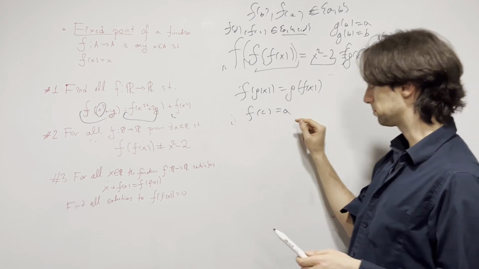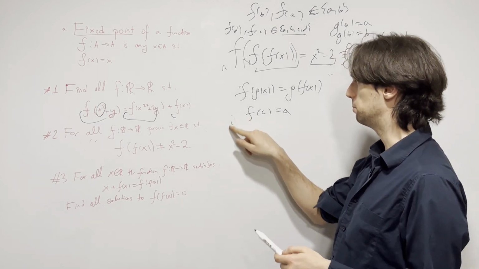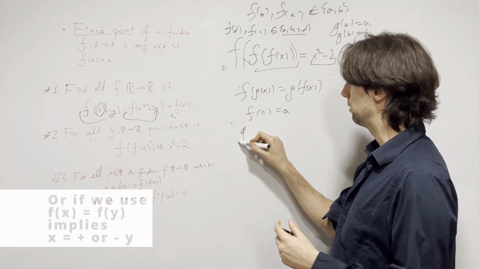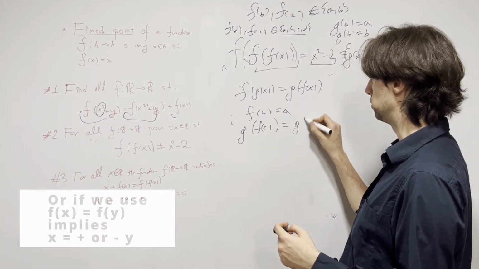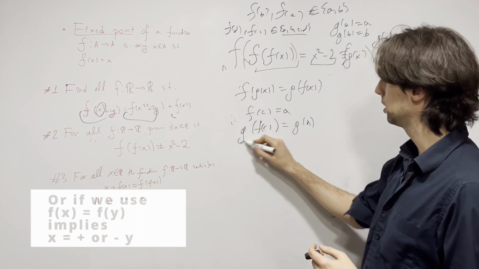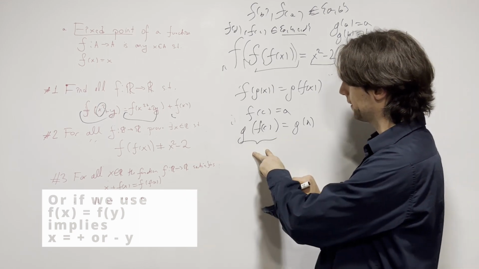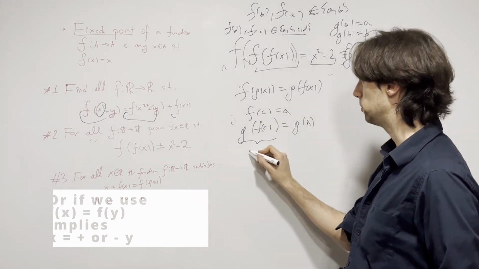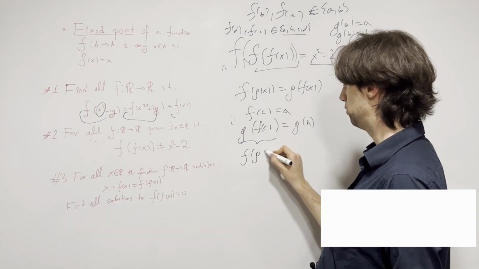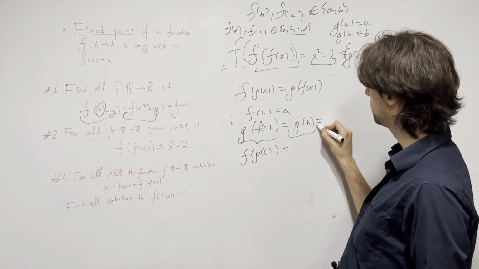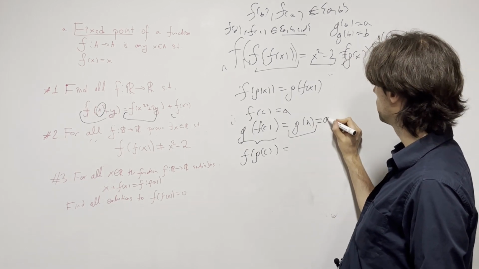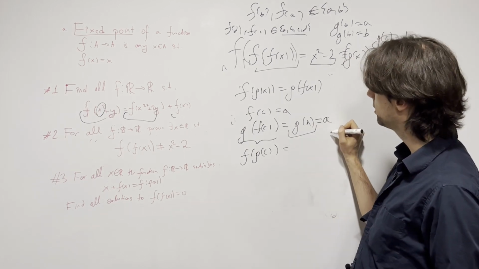Well, if we g both sides, we'll have g of f of c is going to equal g of a. Now, g of f of c is going to equal, by this, f of g of c. And g of a is going to equal a.